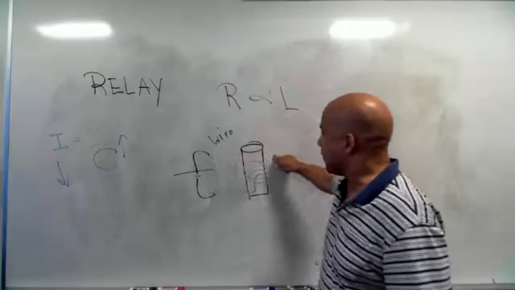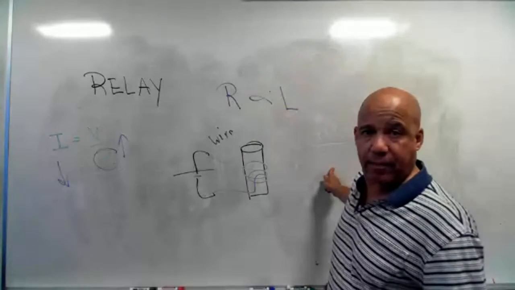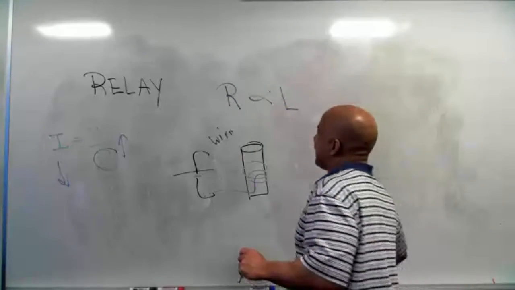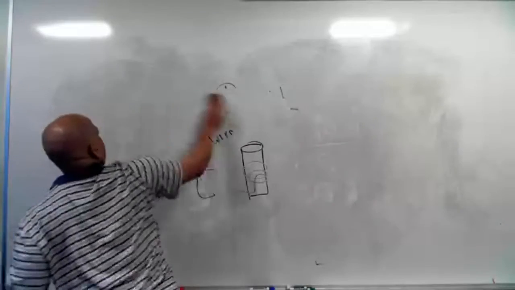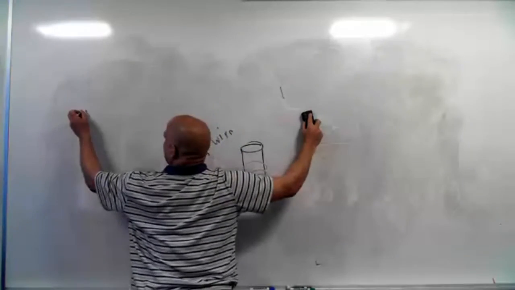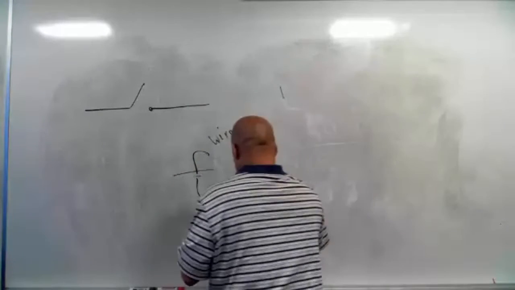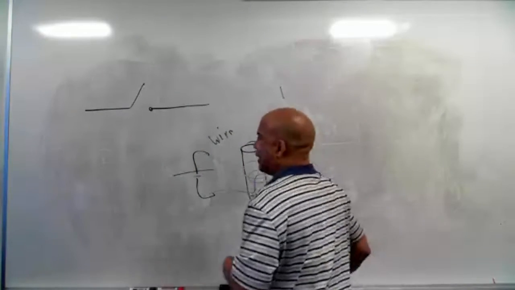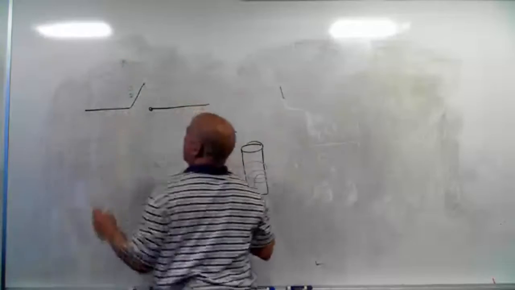If I close the switch, I have magnetism. If I open the switch, the magnetism goes away. So imagine that now I have a single pole switch. I got this switch, and usually there's a really, really light spring pulling up on this.